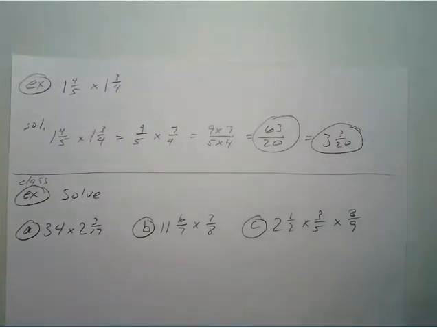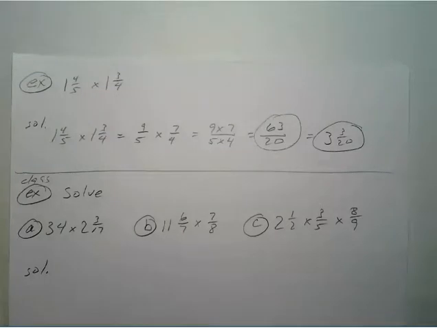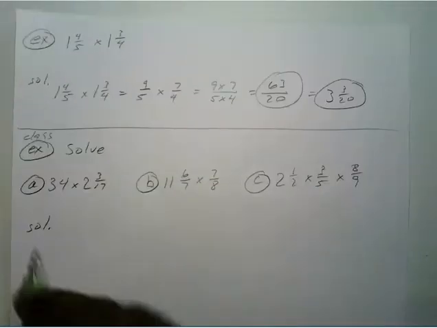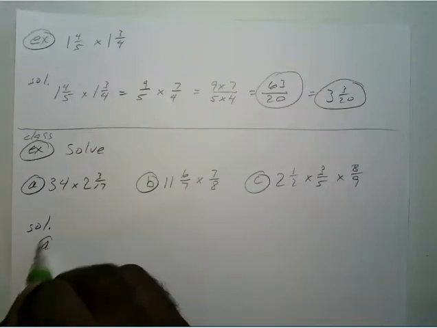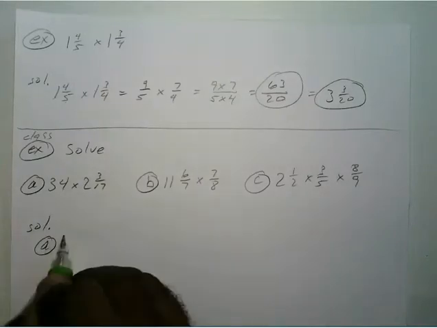All right, so assuming you're already done, let's go ahead and verify your answers. For problem A, 34, remember when you have a whole number, you want to rewrite it as a fraction, so that becomes 34 over 1.